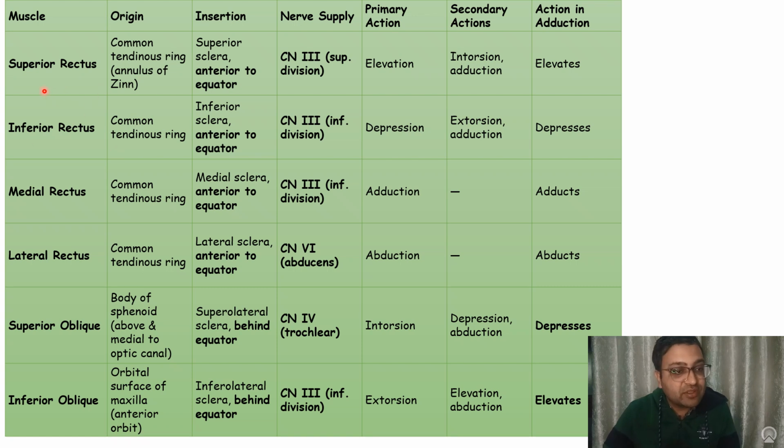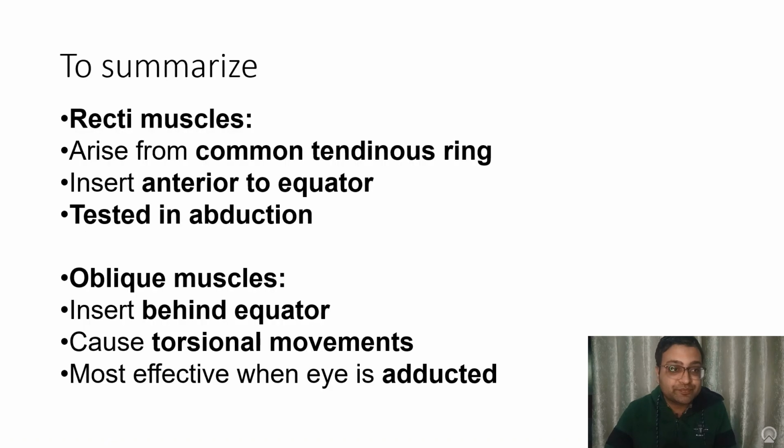If in abduction, this is a pure elevator, and if this is in abduction, this is a pure depressor. So the rest I have already discussed. You can pause this slide and write this table. This is a table which helps you summarize all the extraocular muscles with the origin, insertion, and action, and in which gaze they are tested. All right, and the concept behind this I have already told you.